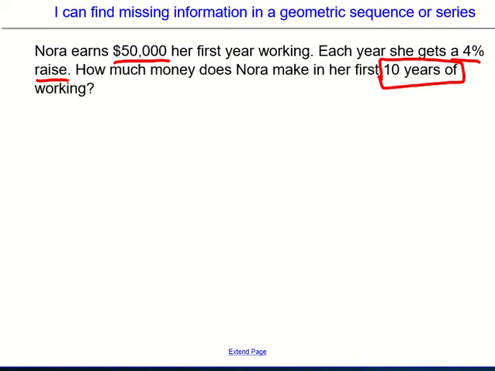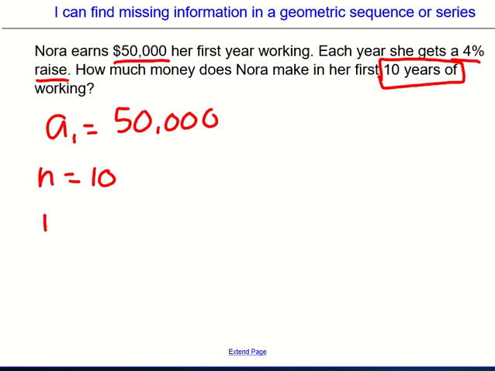So I'm going to write down the information I know. She starts with 50,000, so the first term is 50,000. It's asking about after 10 years, so that means my n, or the last term in my sequence, is 10. Now be really careful with your ratio. We need to convert 4% to a decimal, so 4% becomes 0.04.